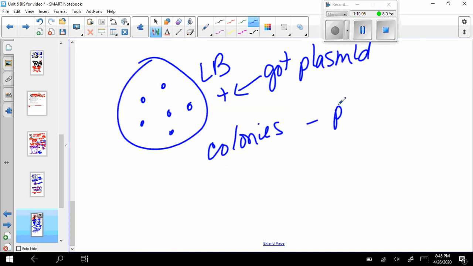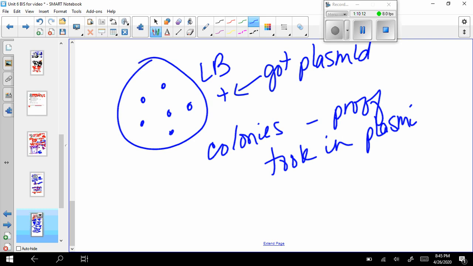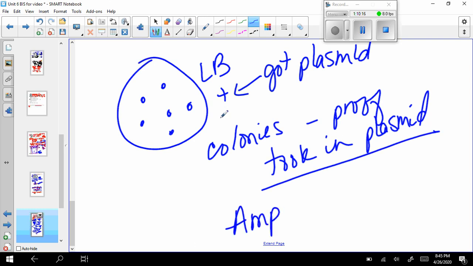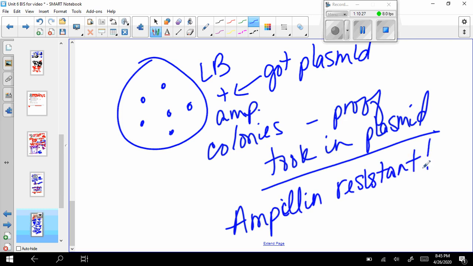And these colonies are proof that they took in the plasmid. And the reason why we know they took in the plasmid is because now, sorry, I forgot to put ampicillin there. They are ampicillin resistant. All right, so these are 100% resistant. They would not be able to grow there if they weren't resistant. So that is why we did it.